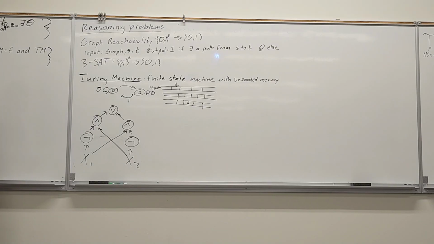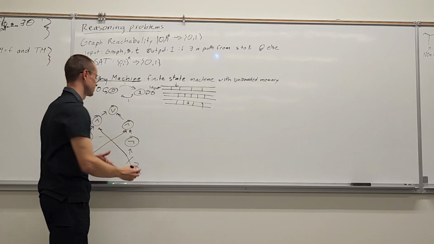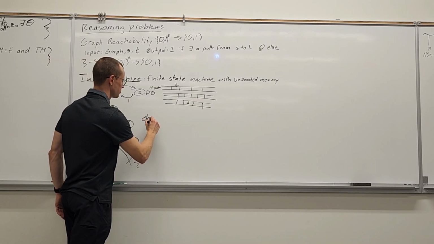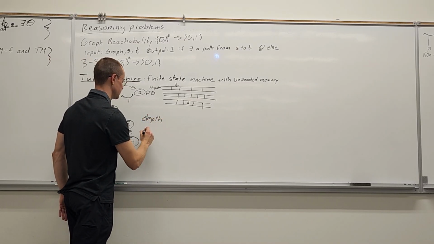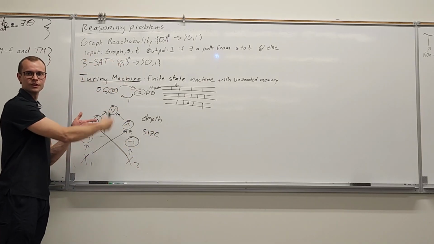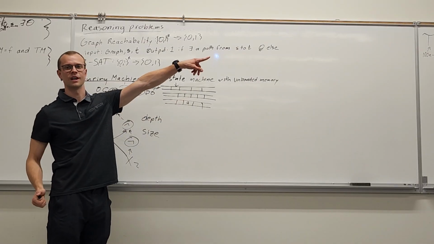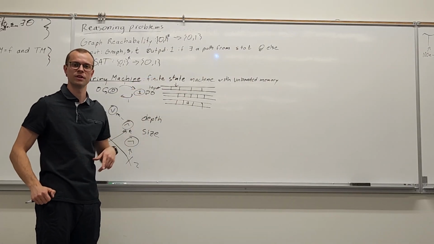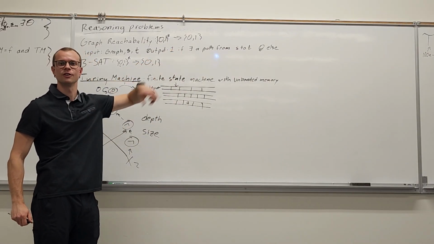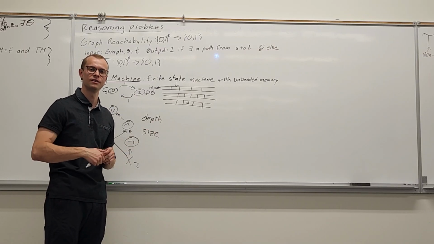The important thing is there are measures of resources, like for Turing machines, for circuits, and one of them is the depth, and the other is the size. The depth is the length of the longest path, and the size is the number of gates. In this TC0 class, the 0 means constant depth. If you change 0 to 1, then it has logarithmic depth. If you change it to 2, that means it has log n to the power of 2 depth, and so on.